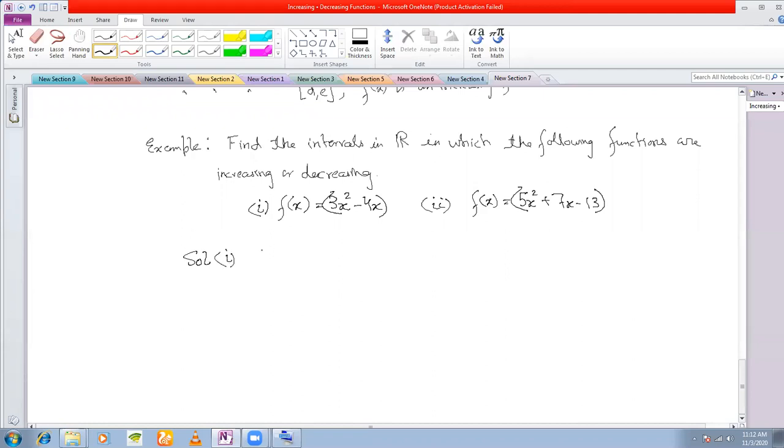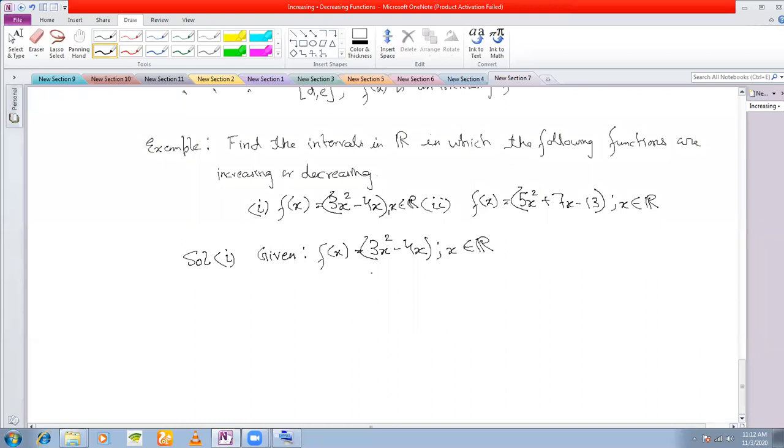In both you have x belongs to R. X is real. The domain of definition is real numbers. Given fx is equal to 3x square minus 4x, where x belongs to R.